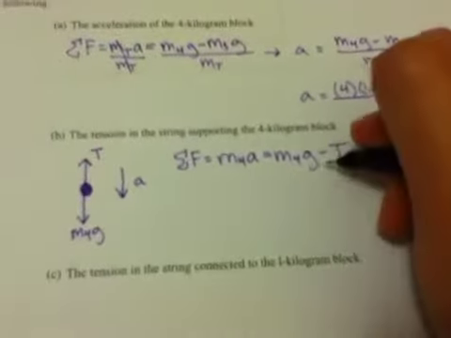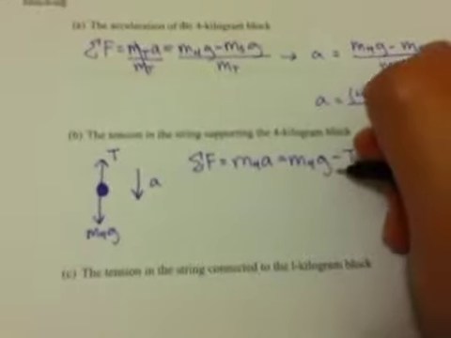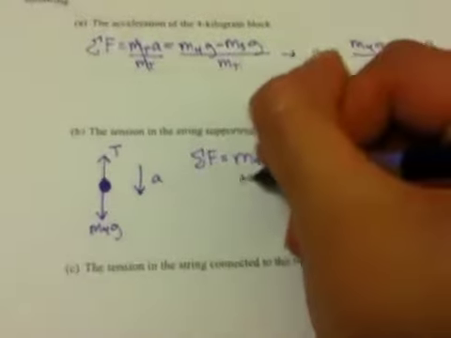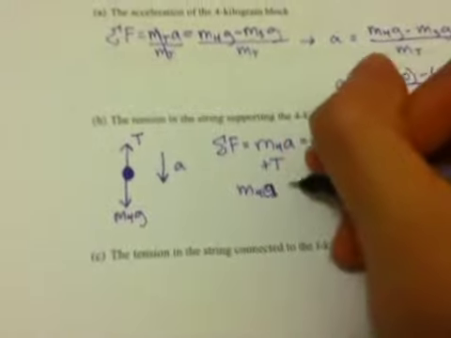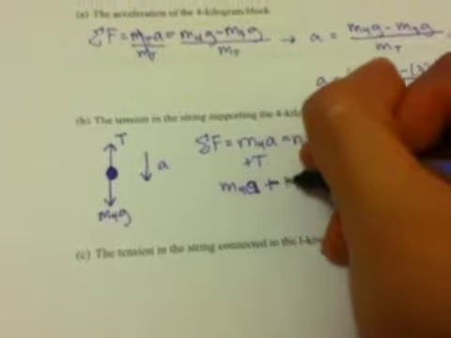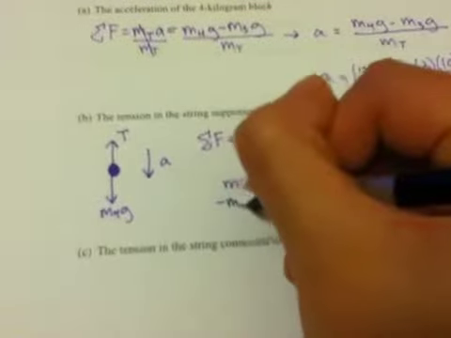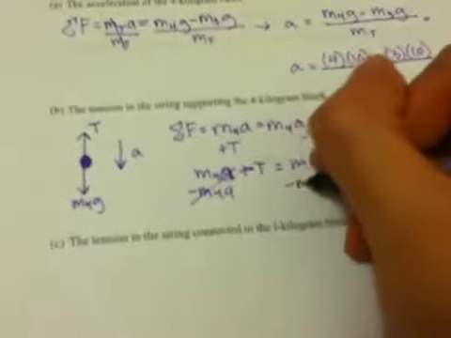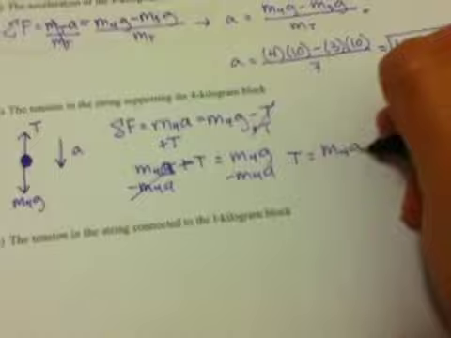We're looking for the tension, so really what we need to do is switch these two around. We're going to add T to both sides. So we get m4a plus T equals m4g. Now we subtract our m4a from both sides, and we get T is equal to m4g minus m4a.